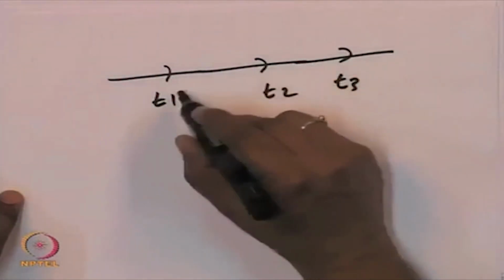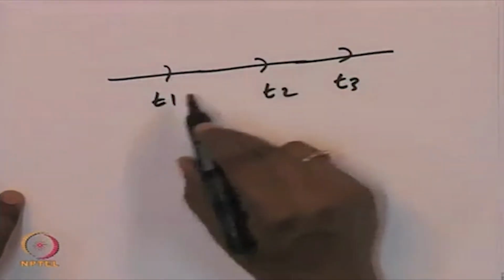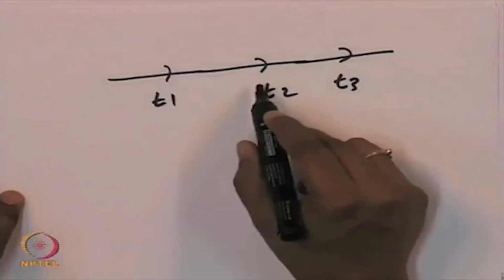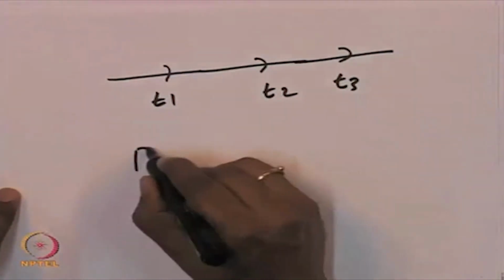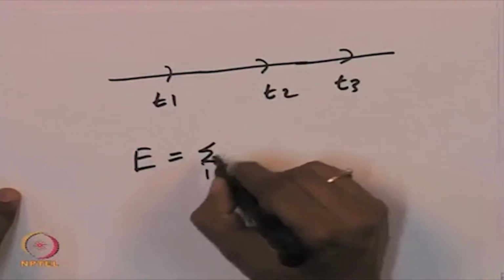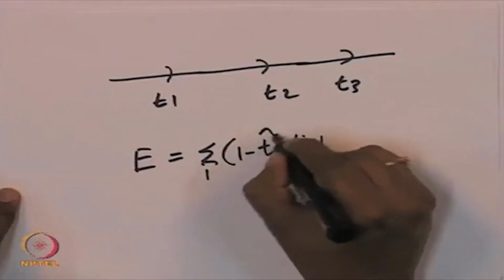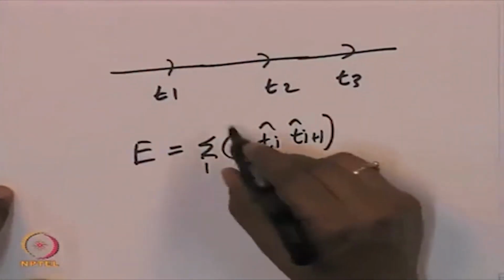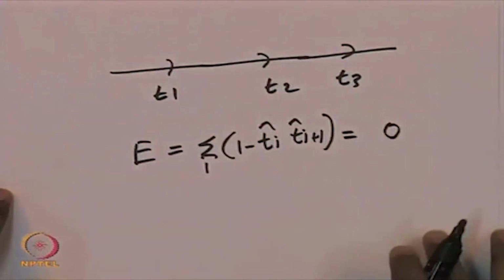So, the angle between T1 and T2 is 0, and cos theta, T1 dot T2, is cos of 0, which is 1. So, the energy of this conformation is sum over I of 1 minus T_I dot T_(I+1), and the T_I dot T_(I+1) will become just 1. So, this will become 0, the energy will become 0.